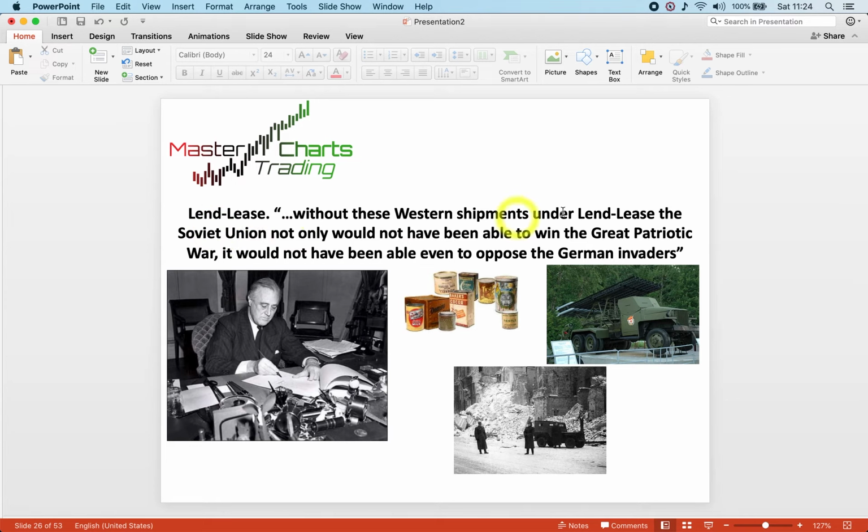So Lend-Lease provided a lot of materials, such as, for example, this truck right there. This is a Studebaker. You can see that this is a rocket launcher.